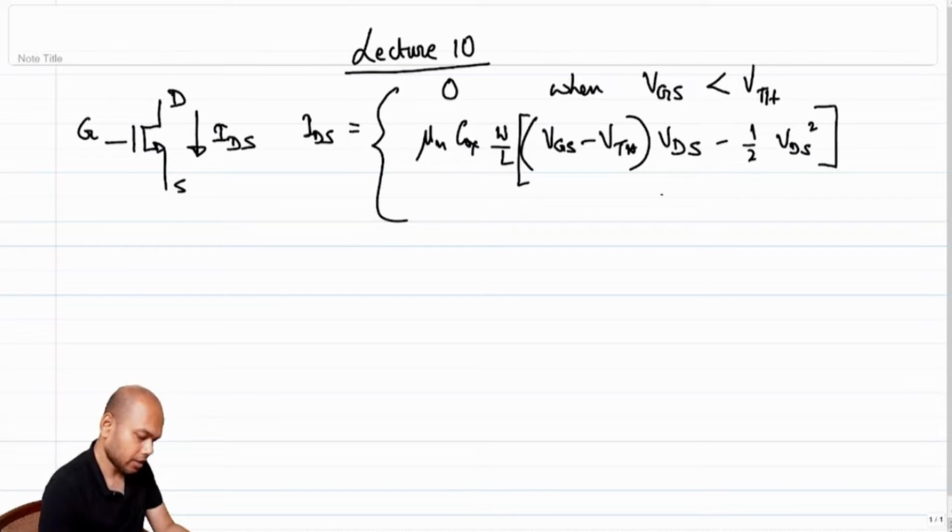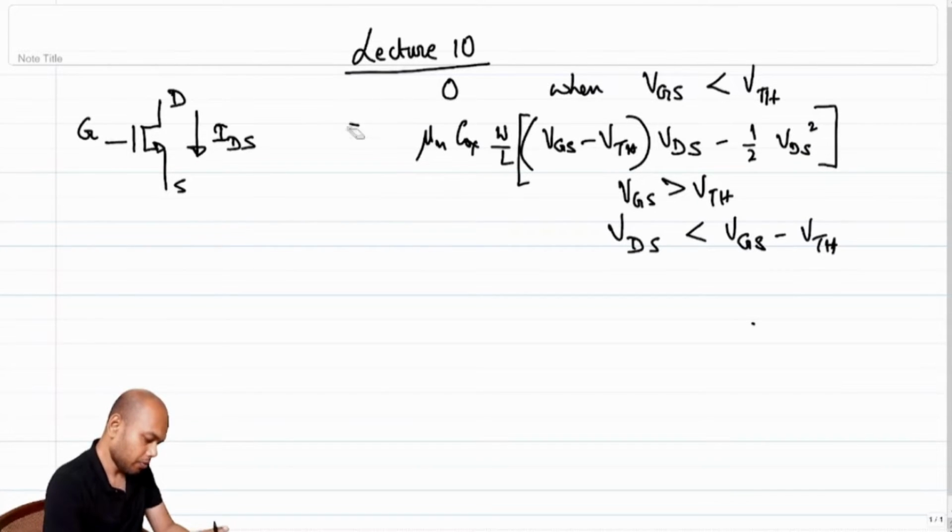This is when, of course, VGS has to be greater than threshold voltage, but an additional condition needs to be satisfied. And what is that? That VDS should be less than VGS minus the threshold voltage.